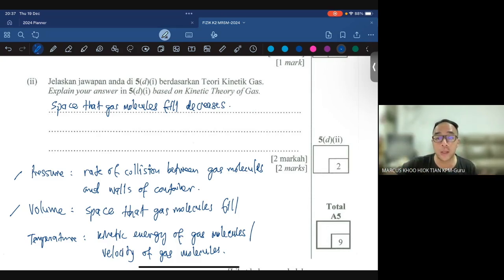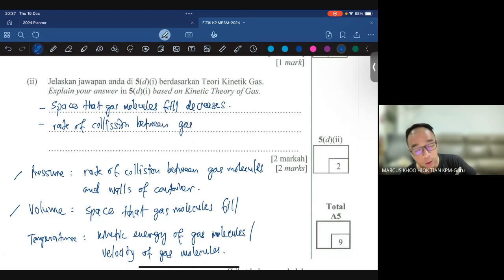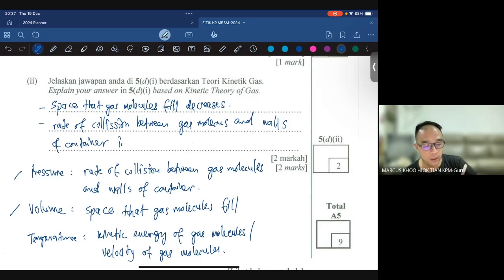When we push this one, the space becomes smaller. So, what happens to the pressure? The pressure increases because the rate of collision between gas molecules and walls of container increases.